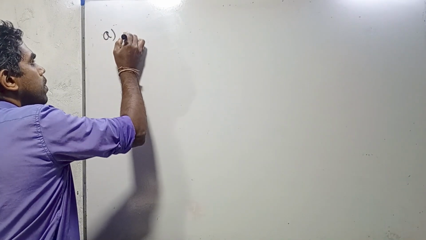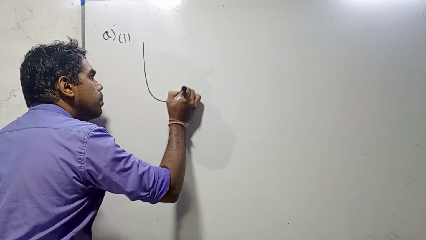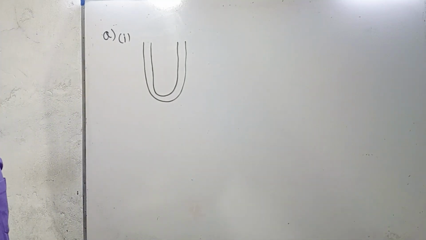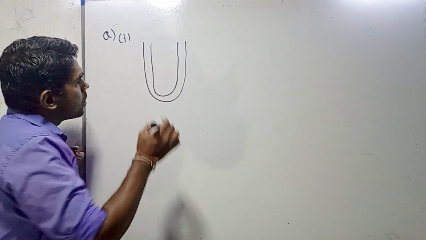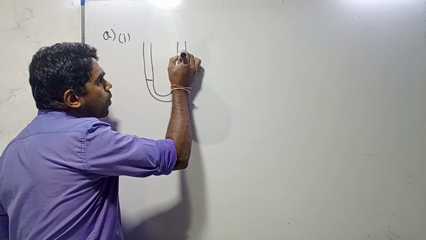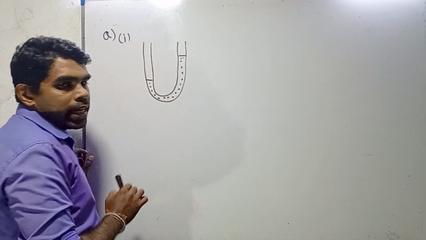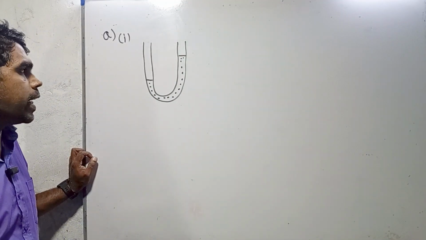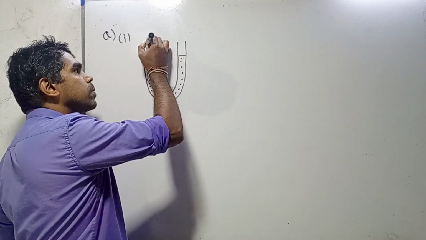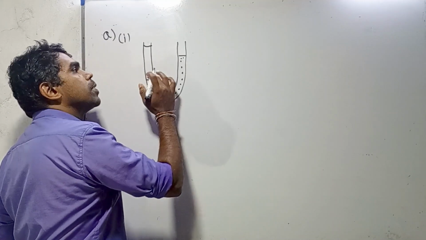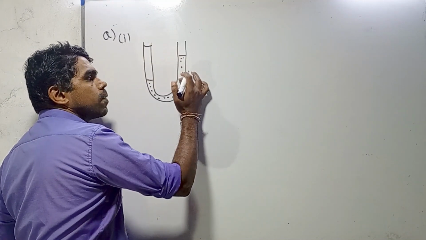When drawing the apparatus setup, we can draw a U-tube, and if this one is the water column, we know that the density of water is greater than the density of coconut oil. Therefore, the coconut oil's height from this common interface should be greater than the water height.